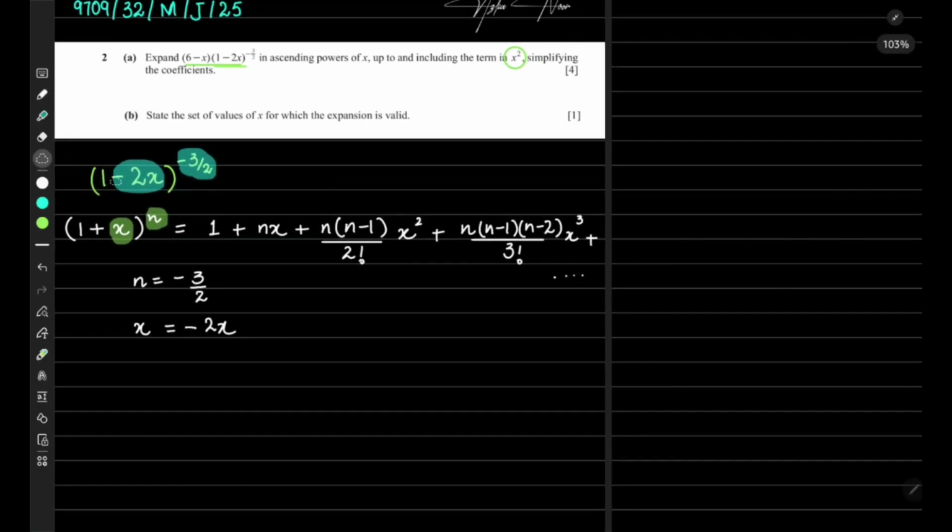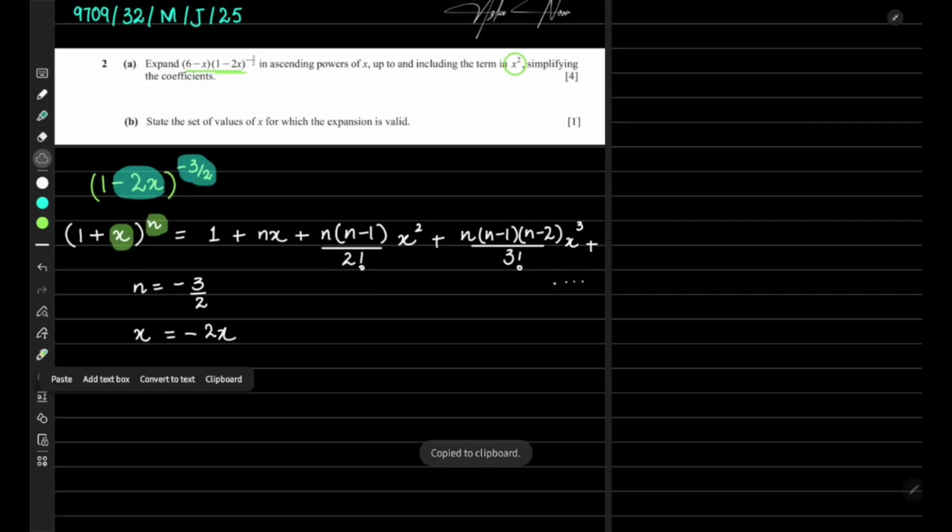Let's take it below. We have to expand this up to the x square term.